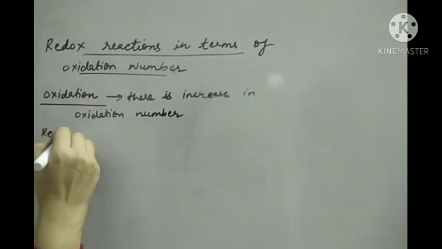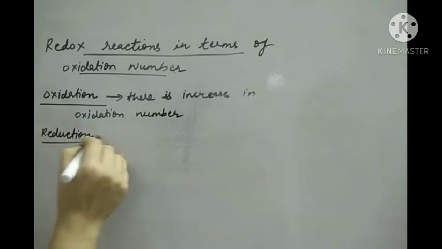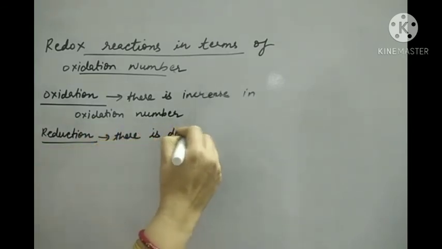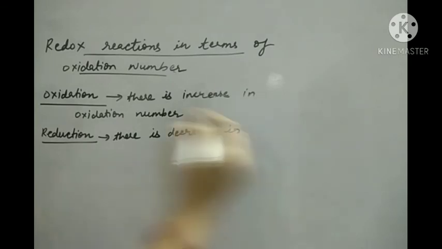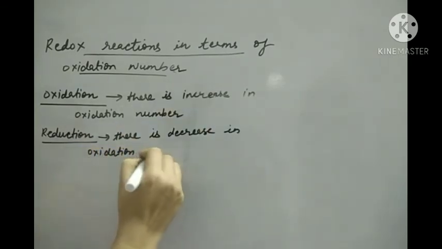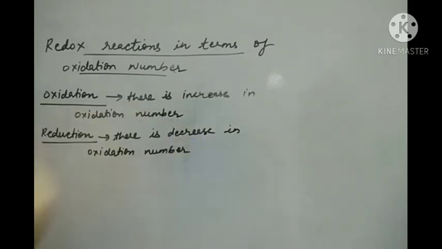Likewise, reduction means there is decrease in oxidation number. Okay. Now again, the concept of increase and decrease should be clear, that if you are moving to the right of your number line, it is increasing, and to the left, it is decreasing.